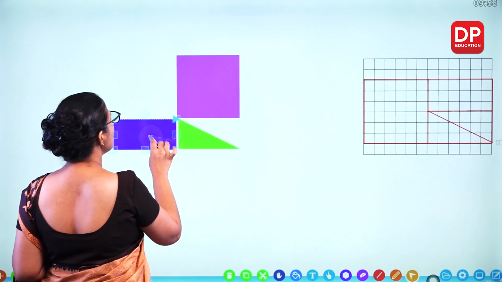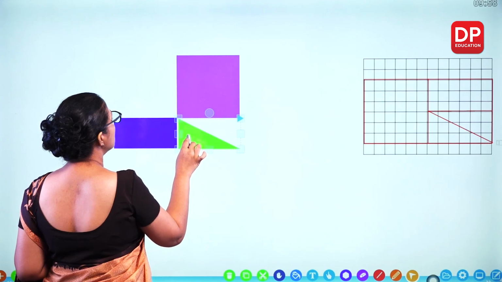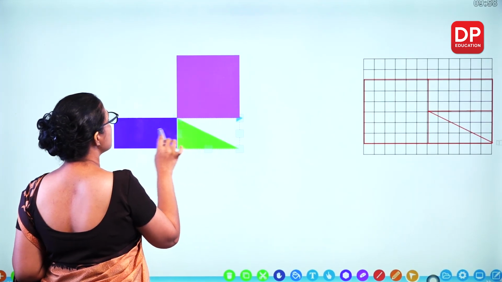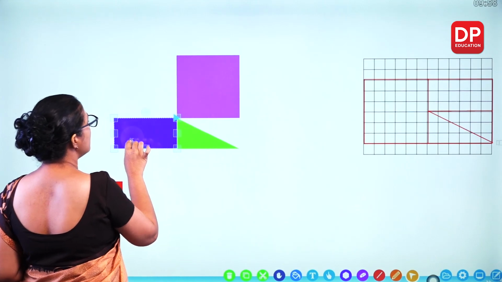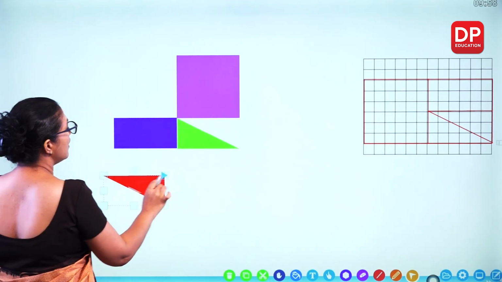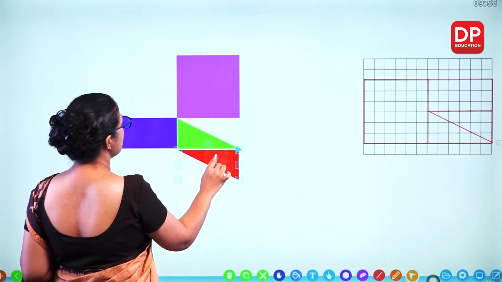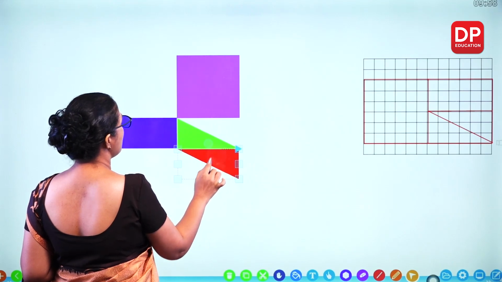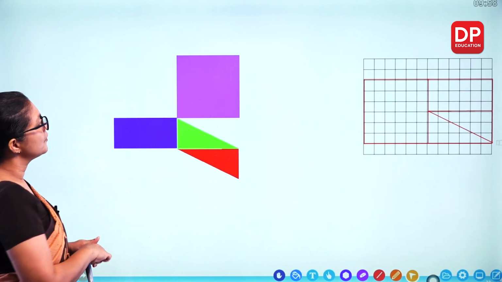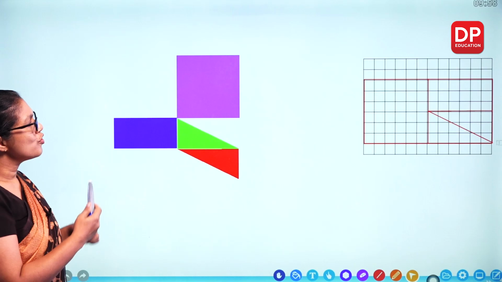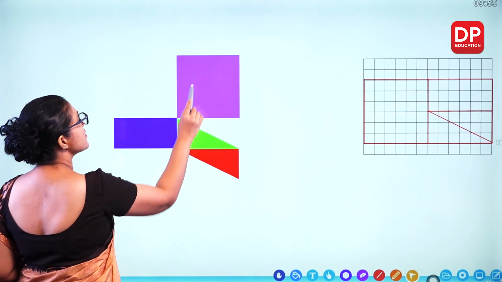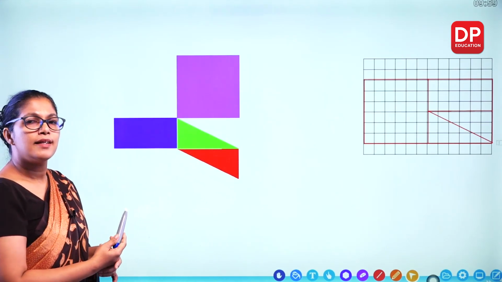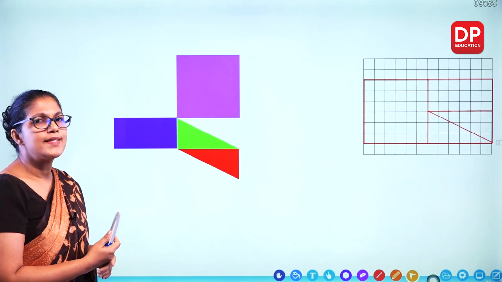So any shape that you like, but make sure that it doesn't overlap, and something like this, any shape that you like. So this is another shape. So you can find out area separately and add it. You get the same area as the rectangle.